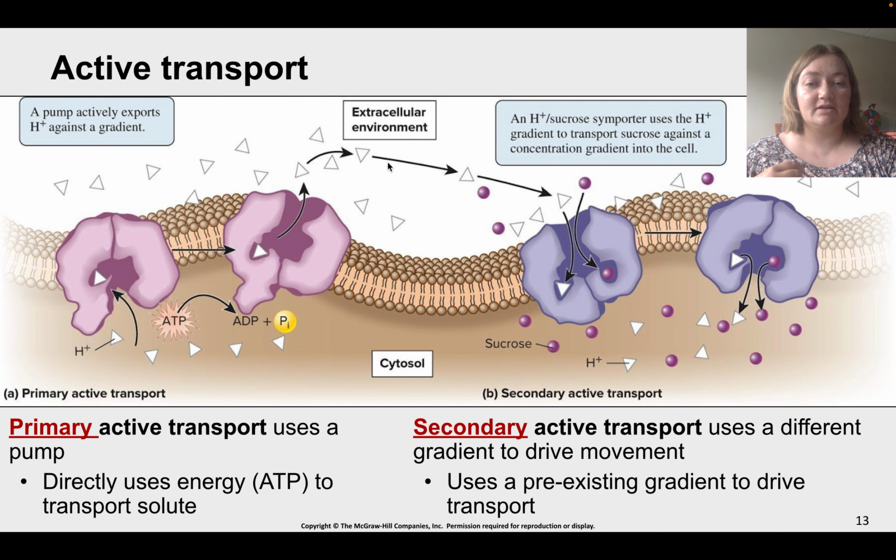So we're using that to power our secondary active transport. We used ATP in the first step, where we built up this gradient. Molecules want to move from an area of high to low, so now that we've moved this molecule against its gradient, it's going to want to go with its gradient.